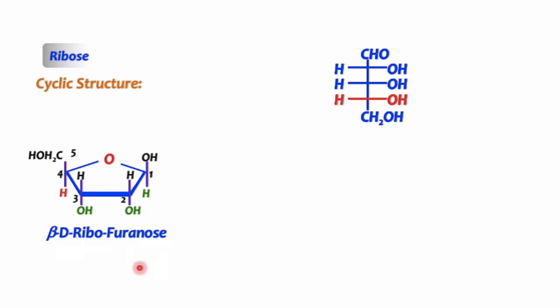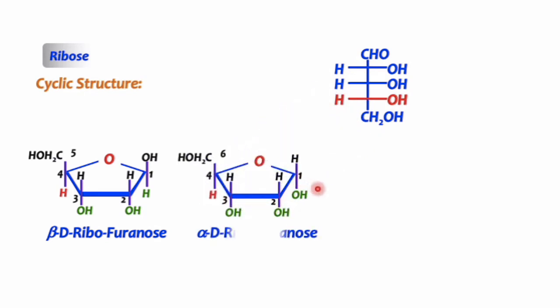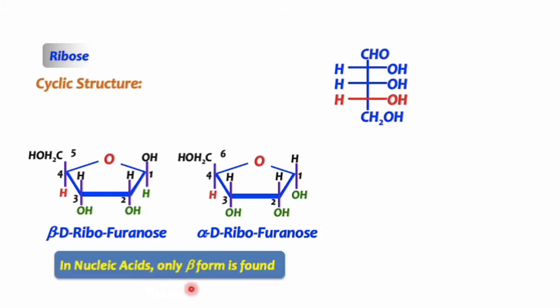Check it carefully, this OH on the first carbon is up, which suggests it is a beta ribofuranose. If the OH is down here, it is called alpha D ribofuranose. And generally in nucleic acids we will see beta is most found as compared to alpha.